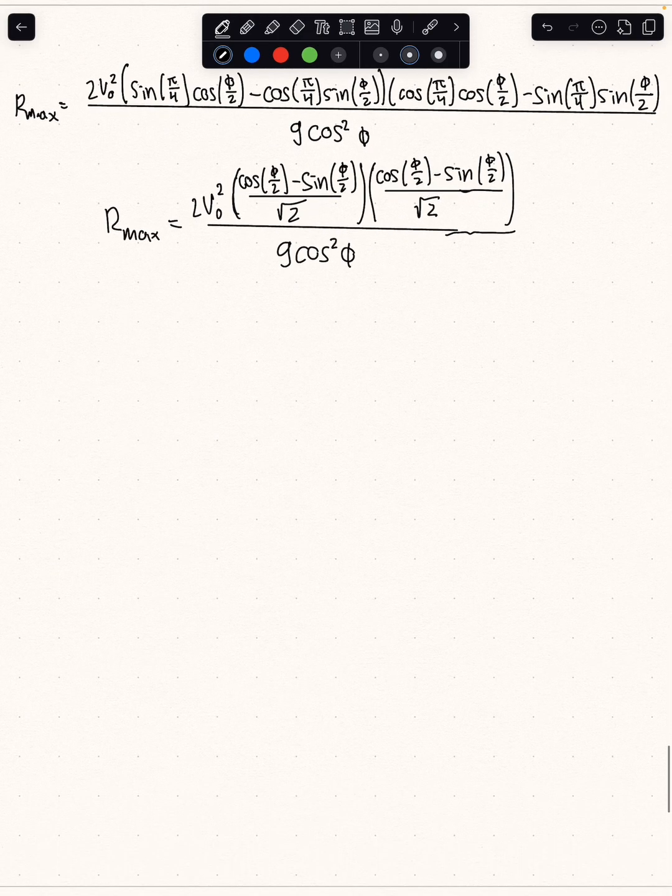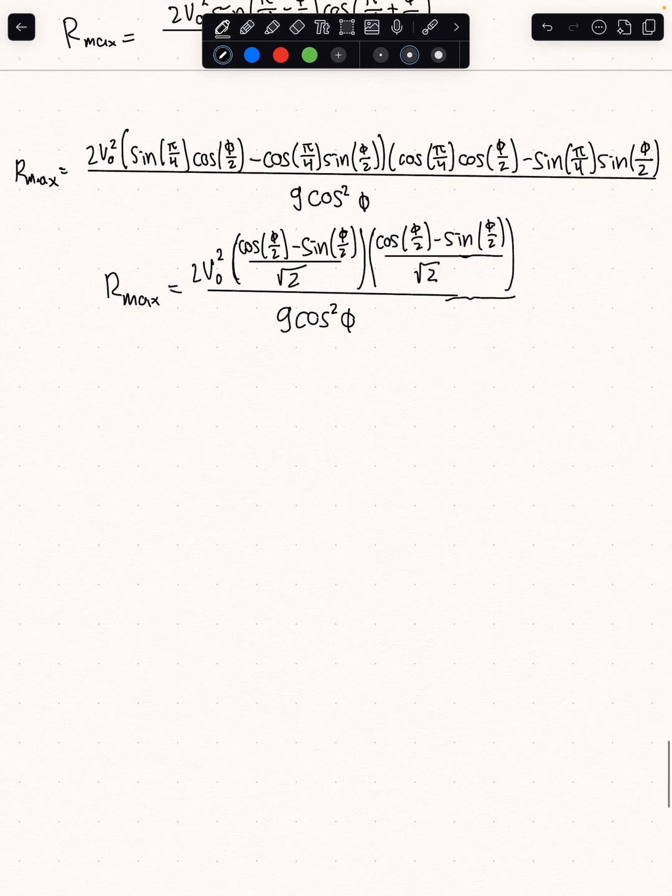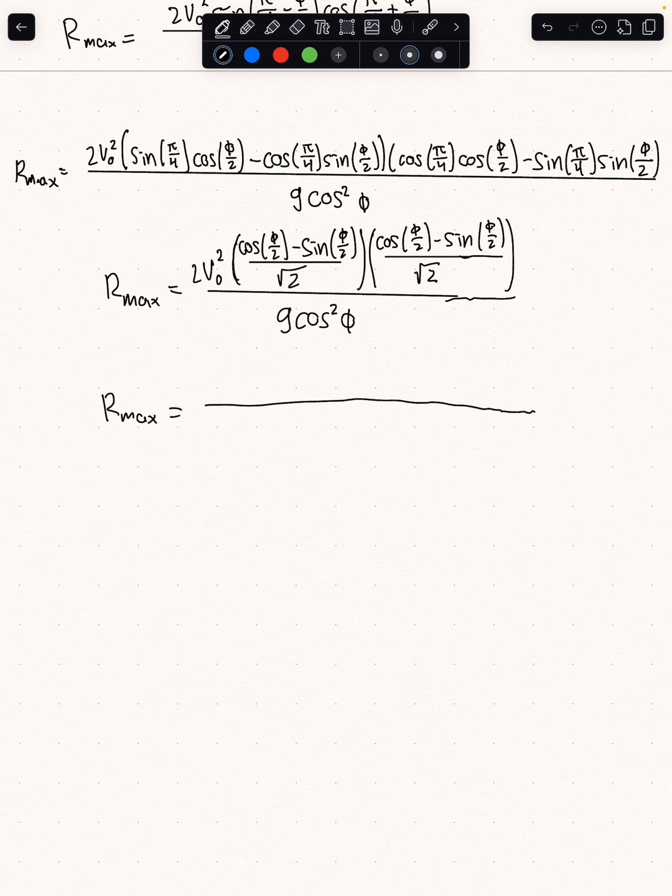Okay. Now we can multiply this through. There we go. Root 2 times root 2 is just going to be 2, and that cancels out with the 2 we have out front with the V naught.